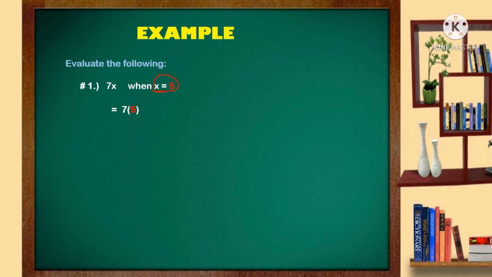Always remember that when the coefficient and the variable are in the same term, it simply means you have to multiply. So 7 times 5 gives us an answer of 35.